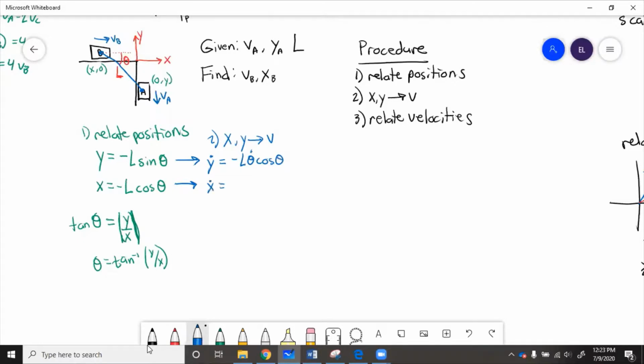X dot equals L theta dot sine theta. Well, Y dot equals VA. That's something that we know. And then X dot equals VB. That's something that we have to find.